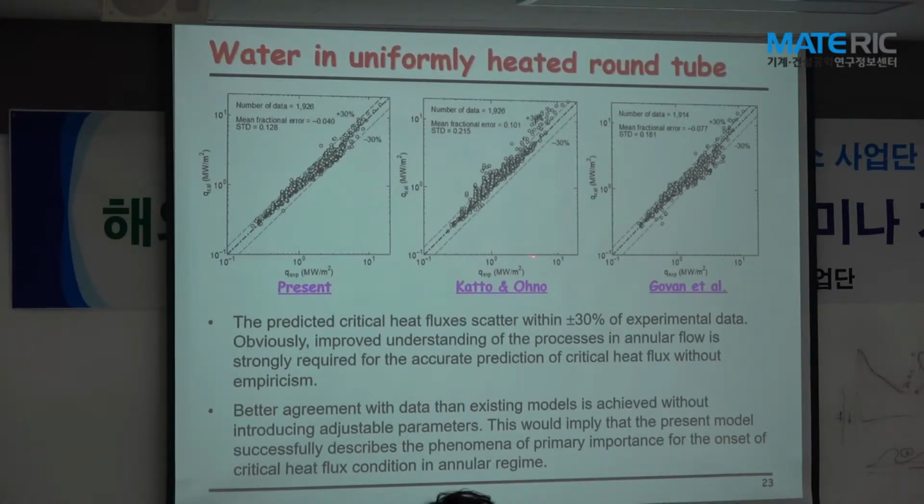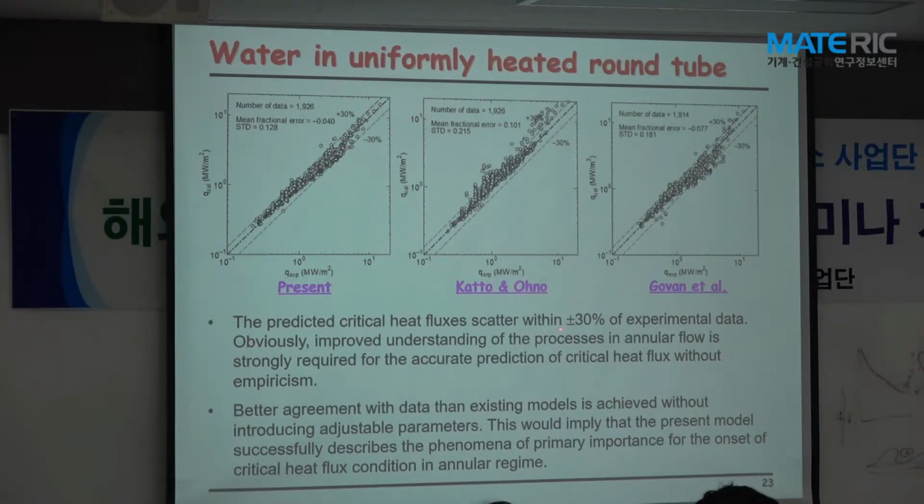If you use the cut-off, this is the empirical correlation of the critical heat flux, and the result is like this. And with Govan's correlation, some scattering is present. In my case, a little bit better prediction of the critical dryout heat flux was obtained.